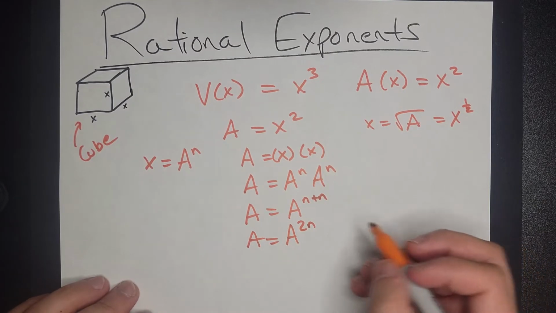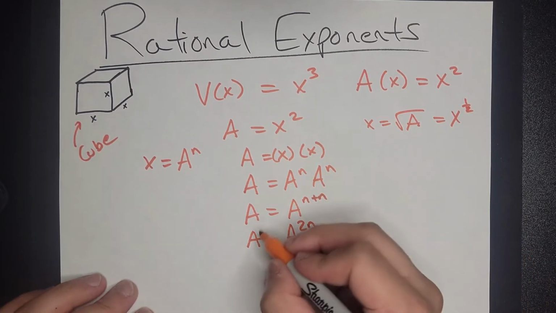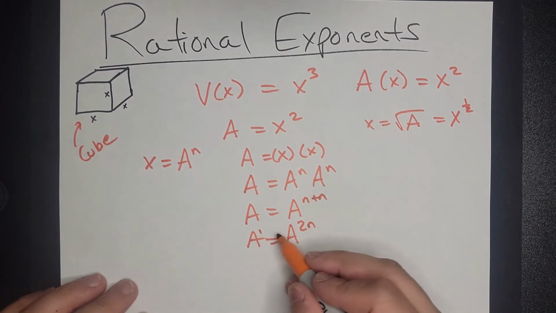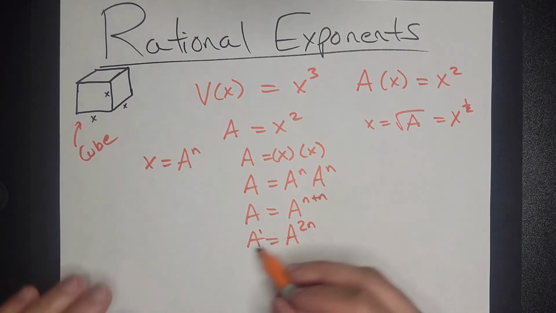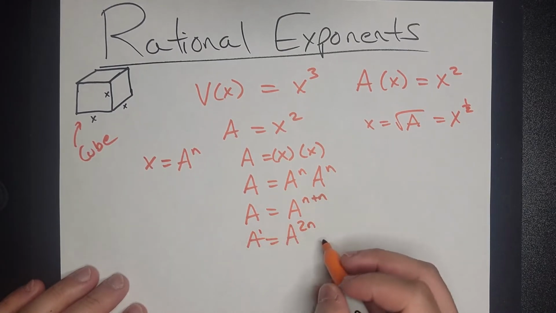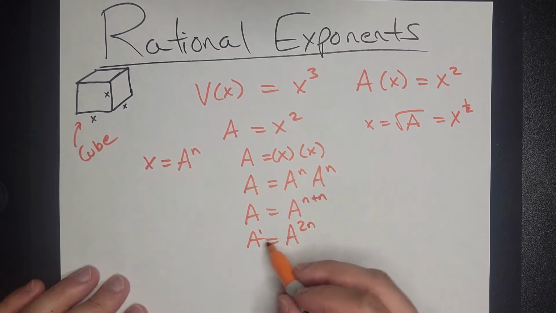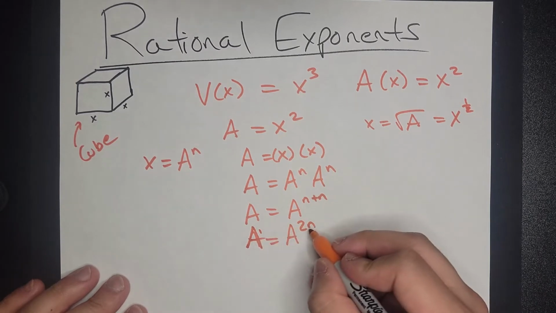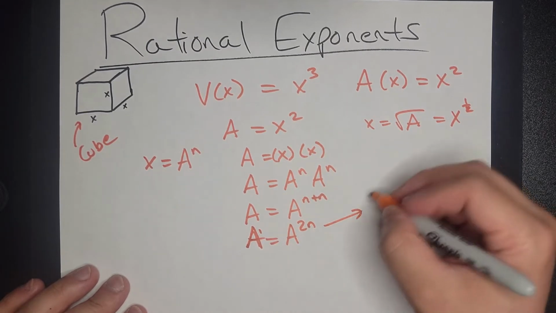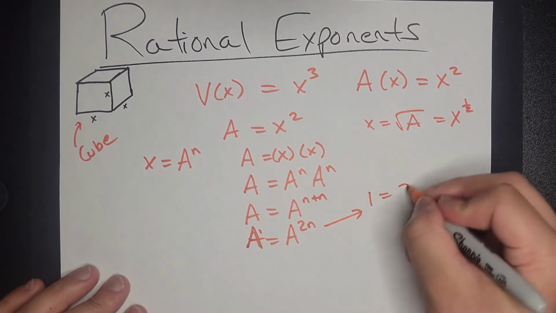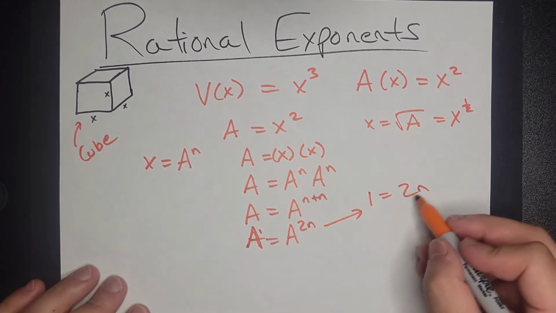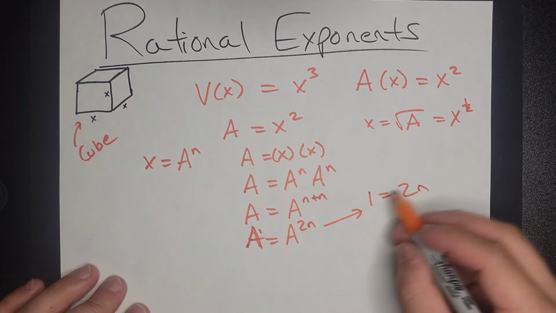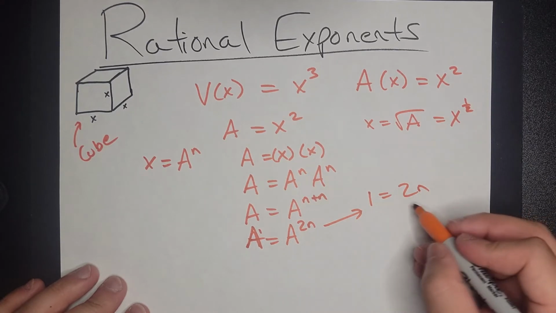Therefore, I can say that on this side, when we have a to the power of 1 equals a to the power of 2n, I'm left with this expression. With 1 on one side and 2n on the other side, I can write 1 equals 2n. And this relationship we can exploit to isolate for n here.